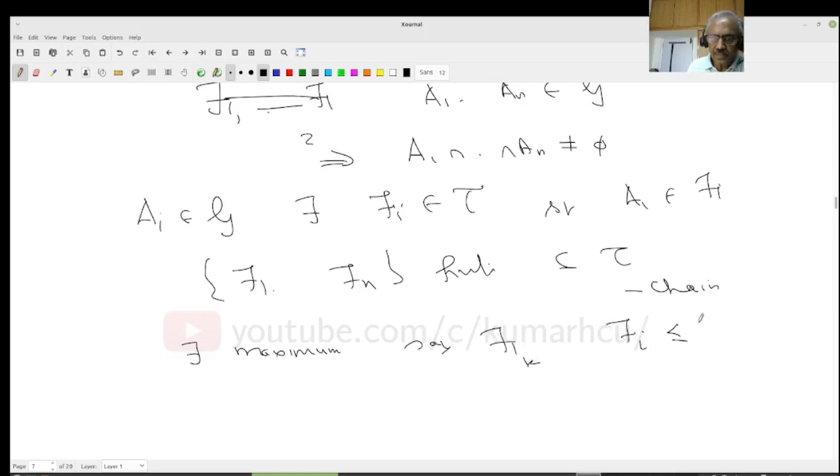All Fi are less than or equal to Fk for 1 less than or equal to i less than or equal to n. Whenever I have a finite number of elements in a totally ordered set, it has a maximum. How many times can I tell you? Please watch the video on partial order and Zorn's lemma.